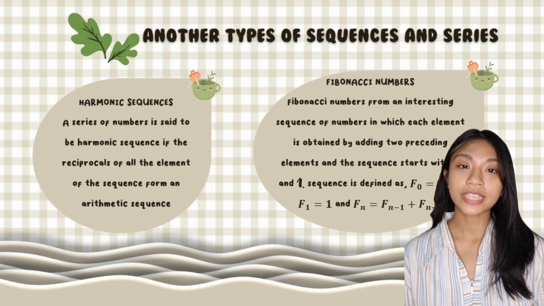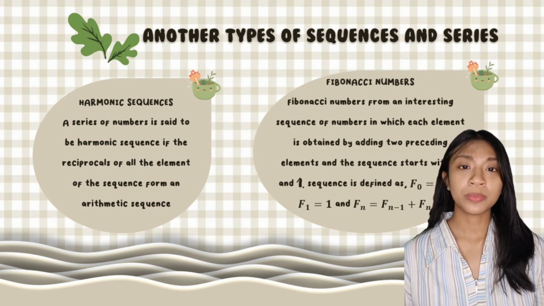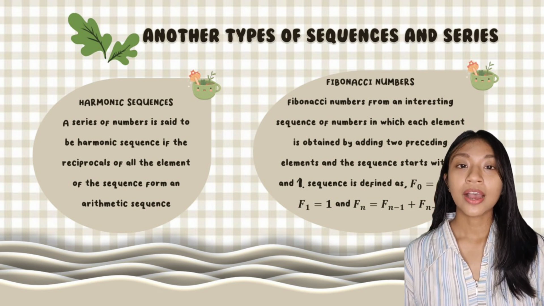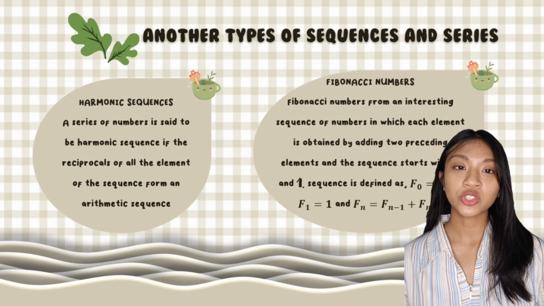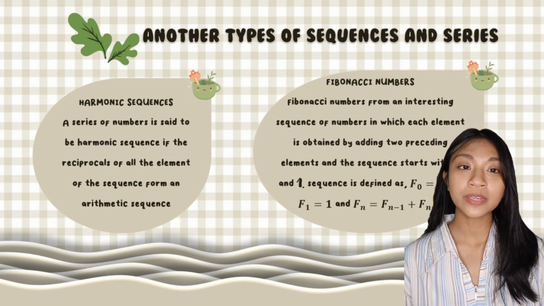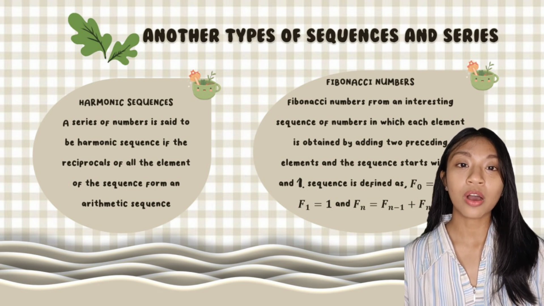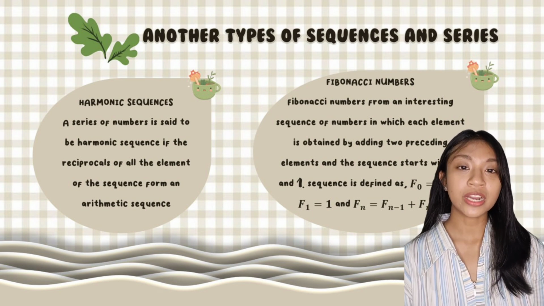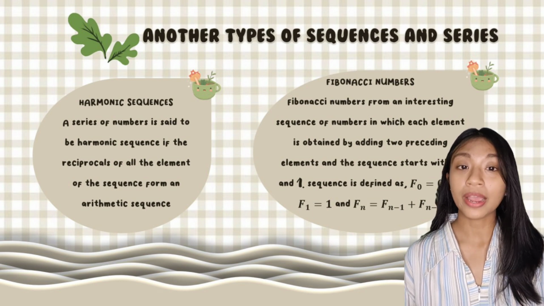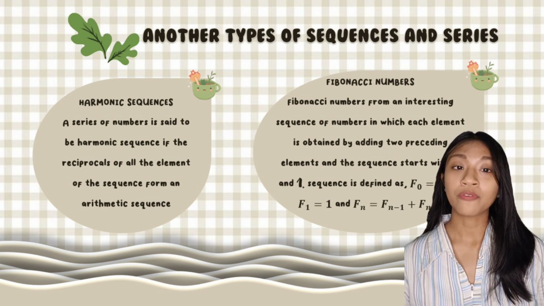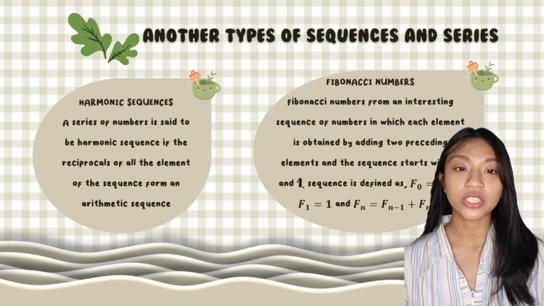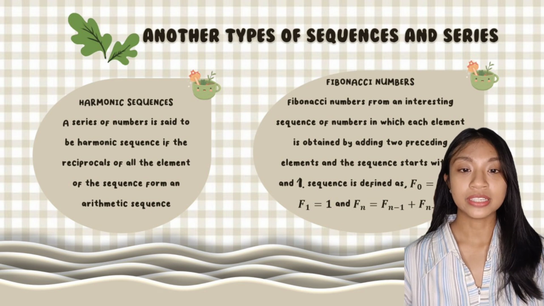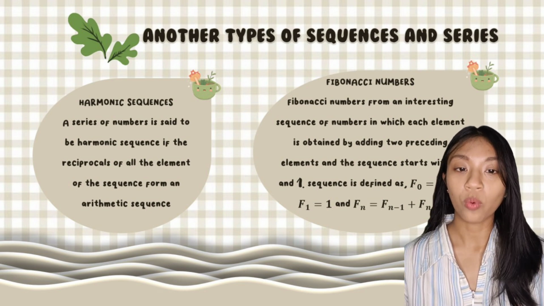Next, there are other types of sequence and series, namely harmonic sequence and Fibonacci numbers. A sequence of numbers is said to be a harmonic sequence if the reciprocals of all the elements of the sequence form an arithmetic sequence. Next, Fibonacci numbers form an interesting sequence of numbers in which each element is obtained by adding the two preceding elements, and the sequence starts with 0 and 1.